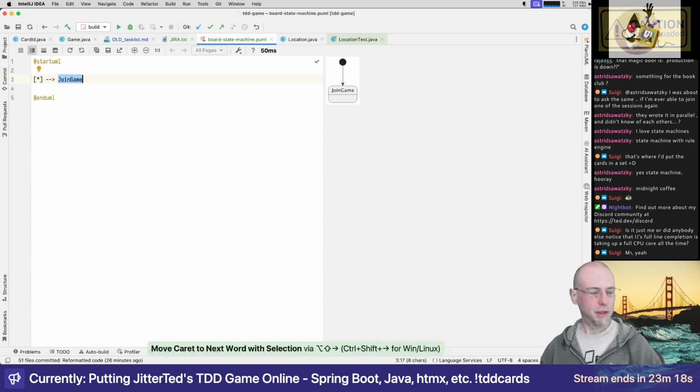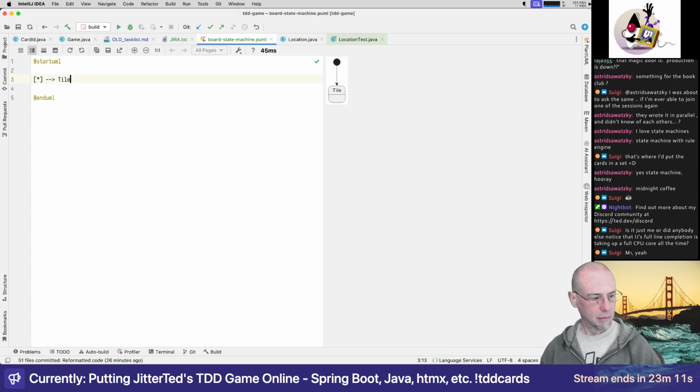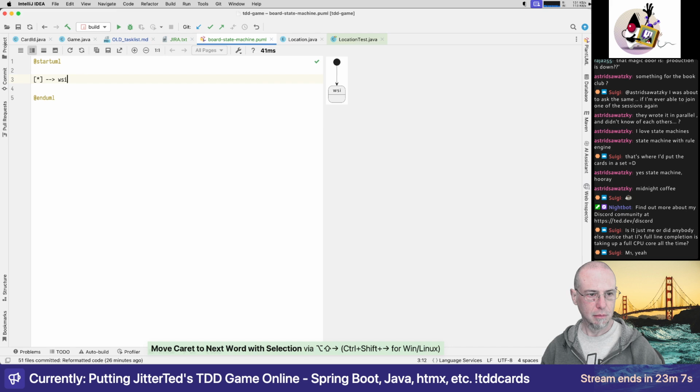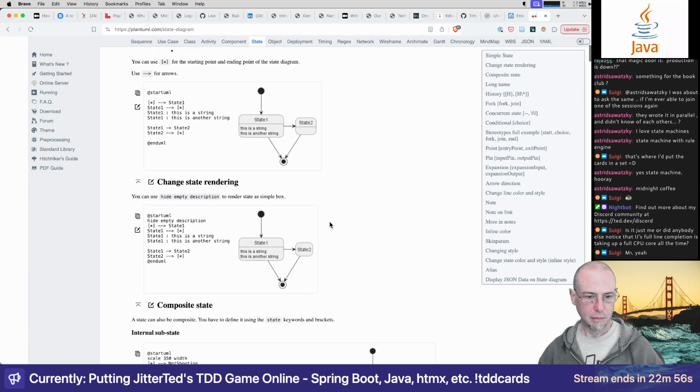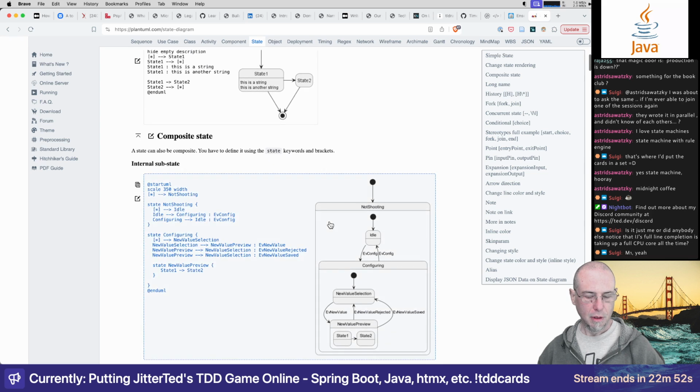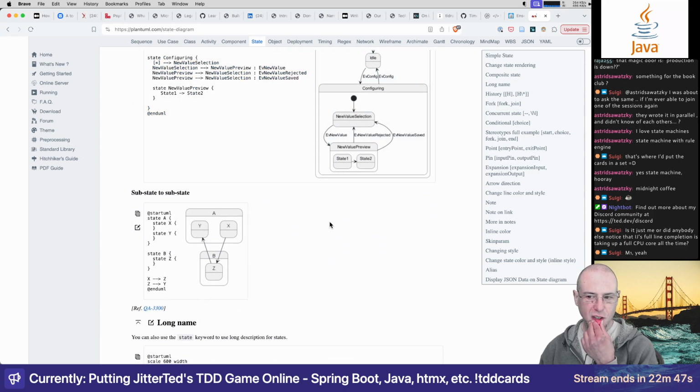Not sure what this first state is, but I guess it's, let's see. I'm not going to deal with composite states just yet.